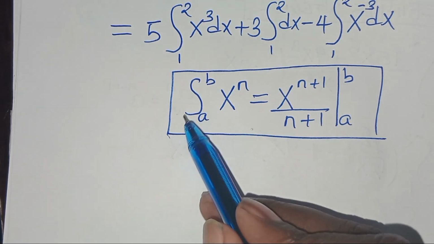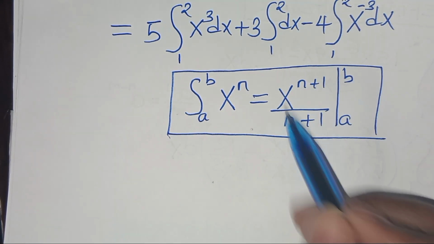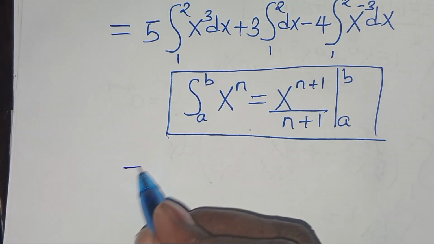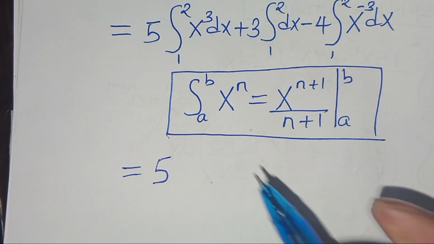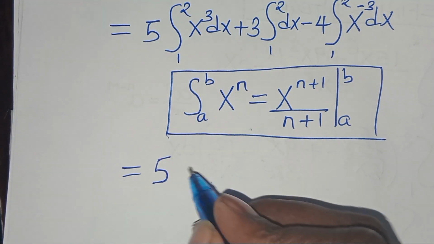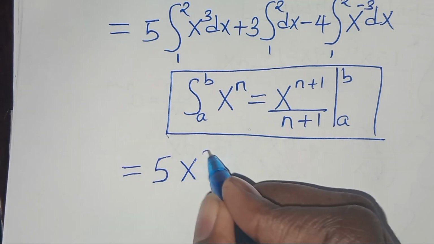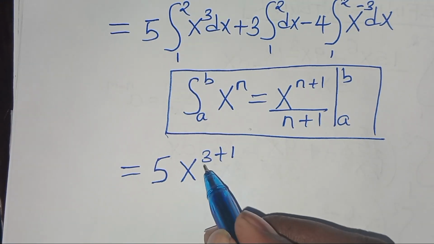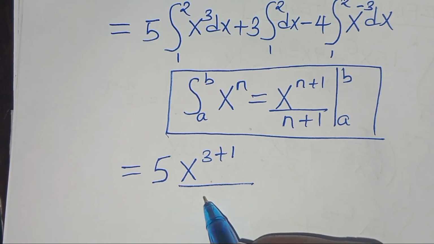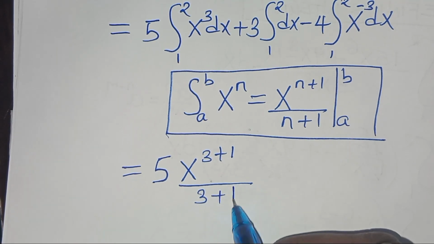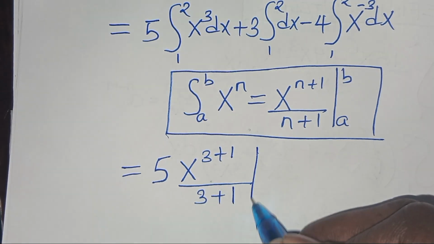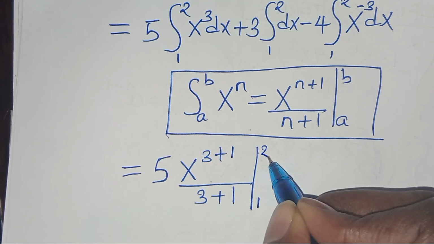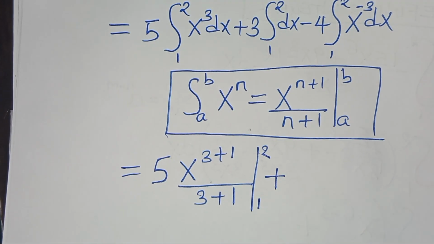Here we have constant 5. Now we have x^3. We can express this as x^(3+1), remember this is n plus 1, over 3 plus 1. And then we have the limit from 1 to 2, then plus.